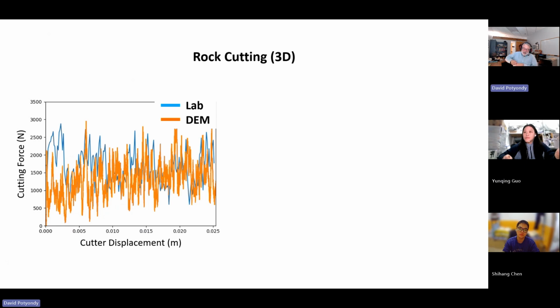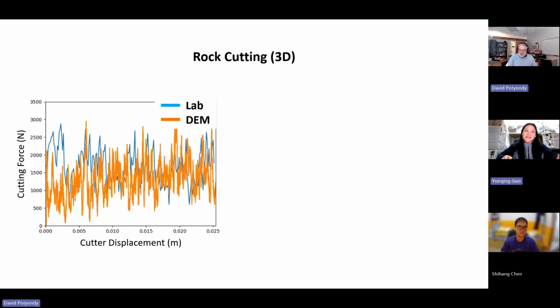If you want to scrape that off with a shovel, you hold the shovel down and push really hard, and then it breaks a little, and then you have to push again. That's what's happening here. It's the brittle nature of this. And the discrete element model is doing the same thing, right? It breaks, it loads up, it breaks, it loads up.